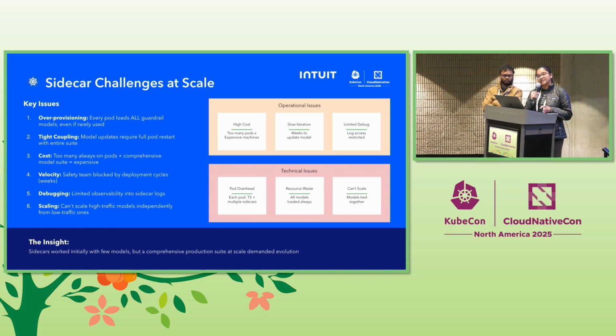So apart from this, we also faced issues with debuggability in the sense that it was not easier to debug when you have your business logic as well as model serving component sitting in the same logging infrastructure.